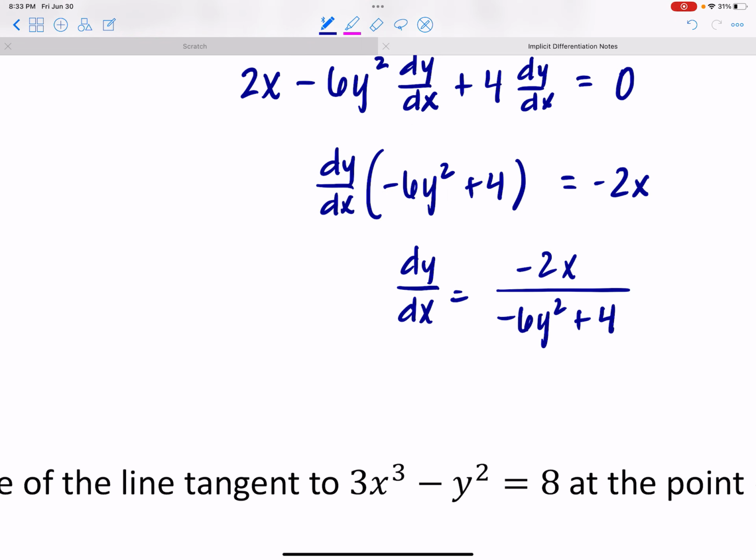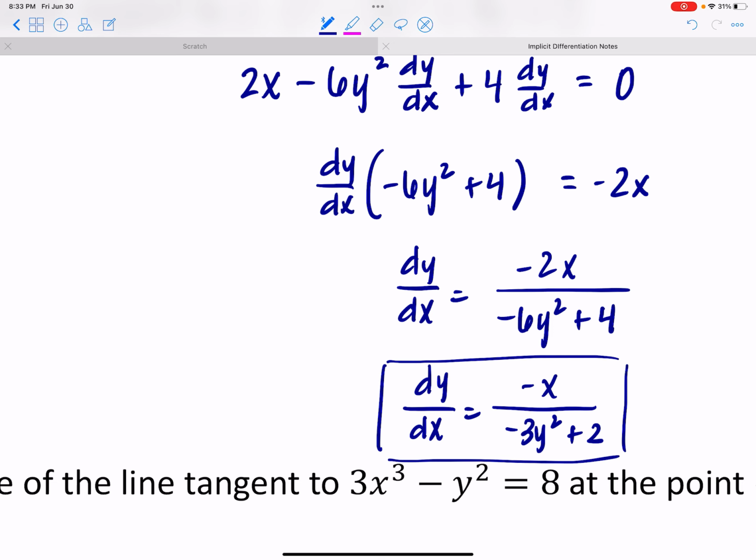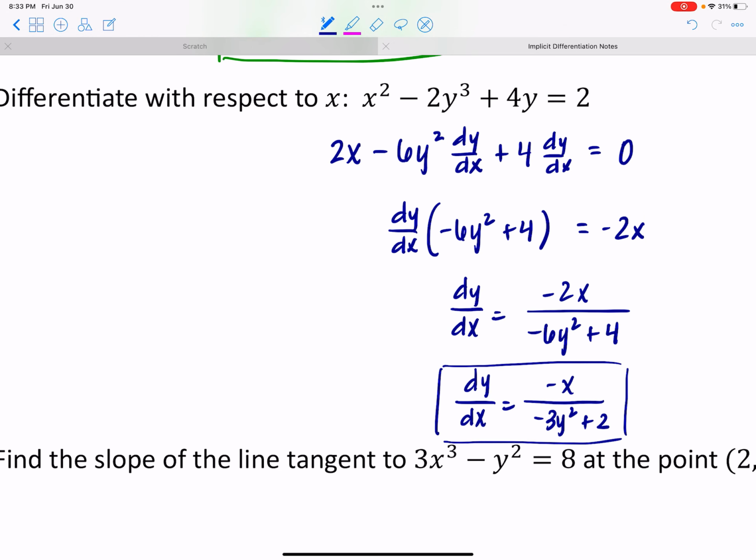And this would be an okay answer, but because each of the terms in this fraction has a 2 in common, I'm going to go ahead and reduce by 2. So let's say dy dx is negative 1x over negative 3y squared plus 2. And there we have it. We differentiated implicitly. We got an implicit derivative.